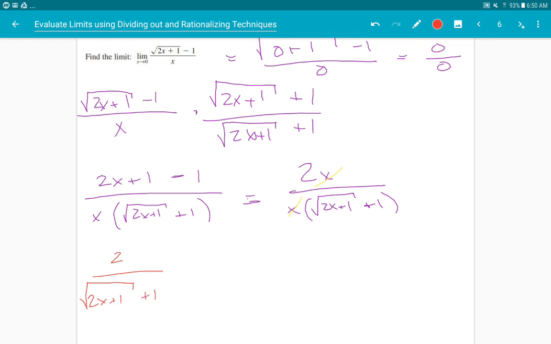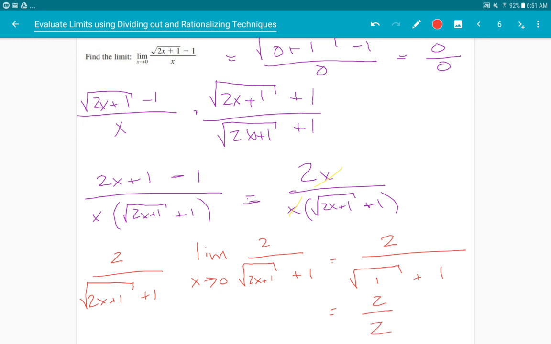All right, so now what we want to do is find the limit of this as x approaches 0. Okay, and that's going to be 2 over the square root of 2 times 0, which is 0, so that's the square root of 1 plus 1. So we're going to get 2 over 2, which is equal to 1. So the limit of this function as x approaches 0 is equal to 1.